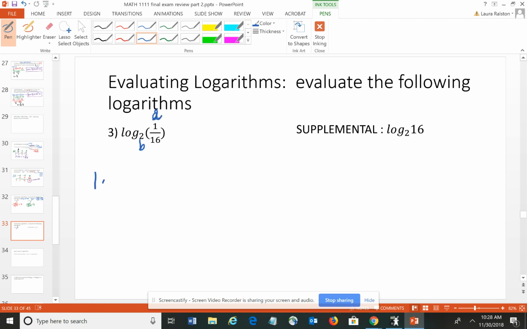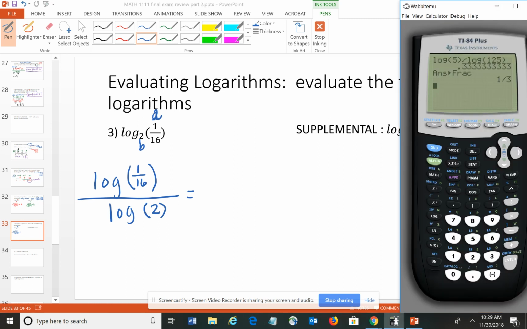So we would type the log of 1/16 divided by log of 2. Pull the calculator up. You would type log 1 divide 16, close the parentheses, divide log 2, close the parenthesis, and enter. And we get a value of -4.